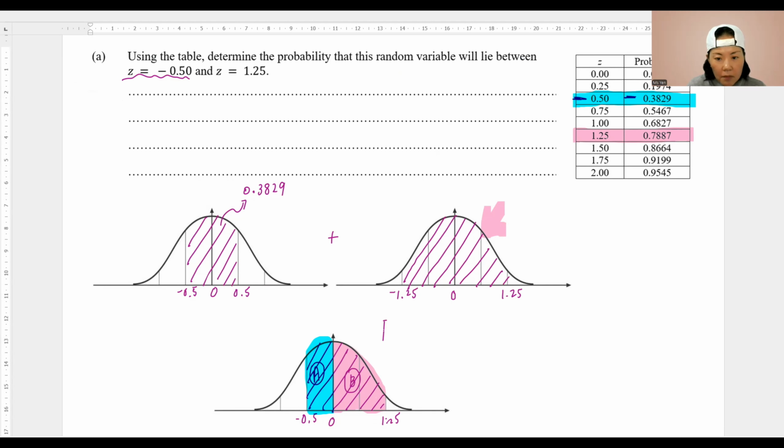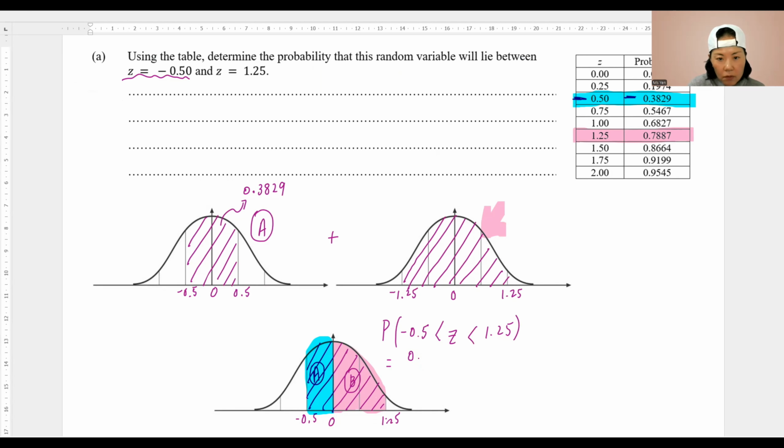So finding a probability of between minus 0.5 and 1.25 equals half of the negative 0.5 to 0.5, the first one, that's A, half of it.